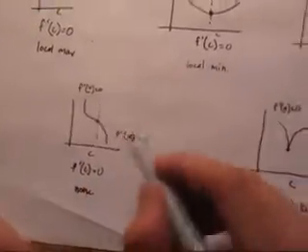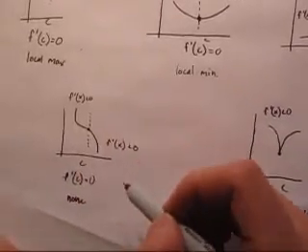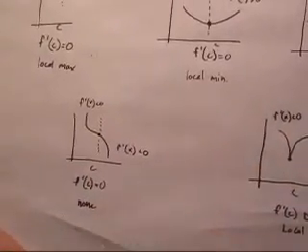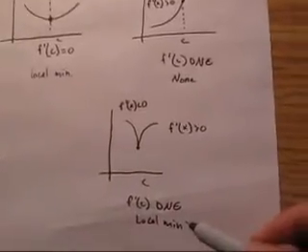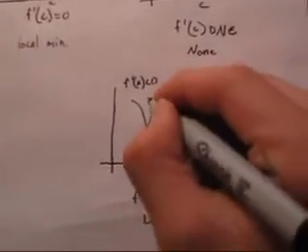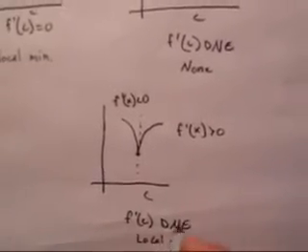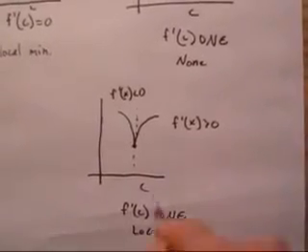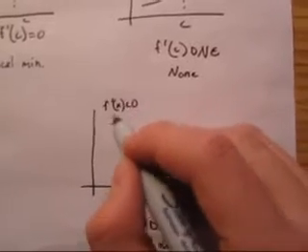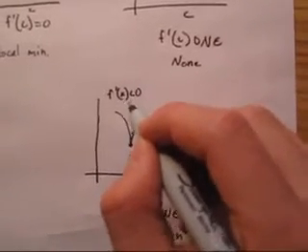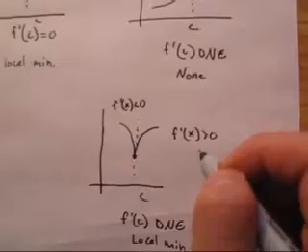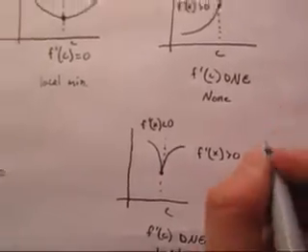And over here, vice versa, they're both less than 0. Then you can get graphs that look like this, where the derivative might not exist, but it is a local min, and that could be if to the left it's less than 0 and to the right it's greater than 0. So this is the first derivative.